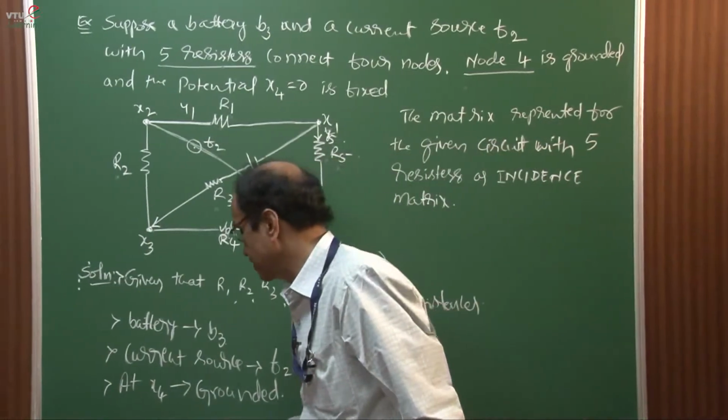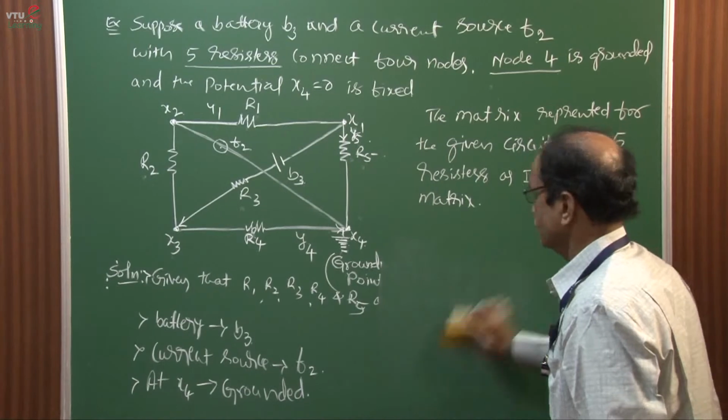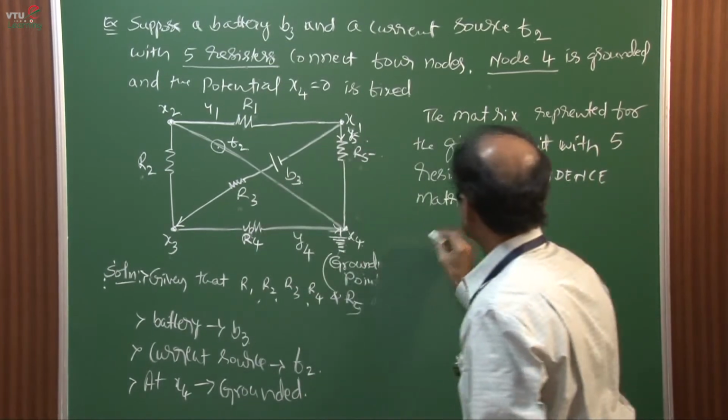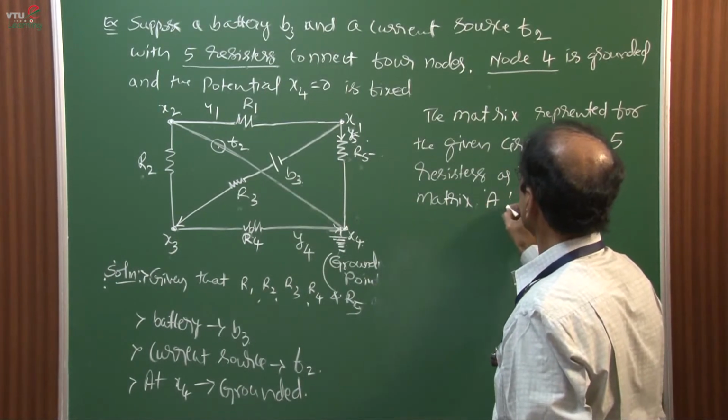That incidence matrix will be given like this. That is incidence matrix A, right?